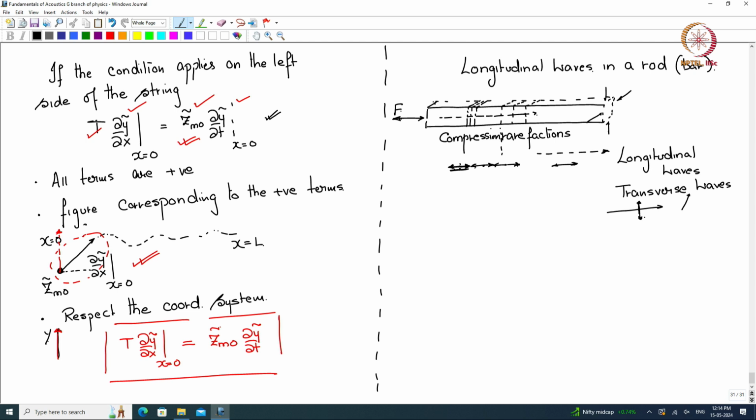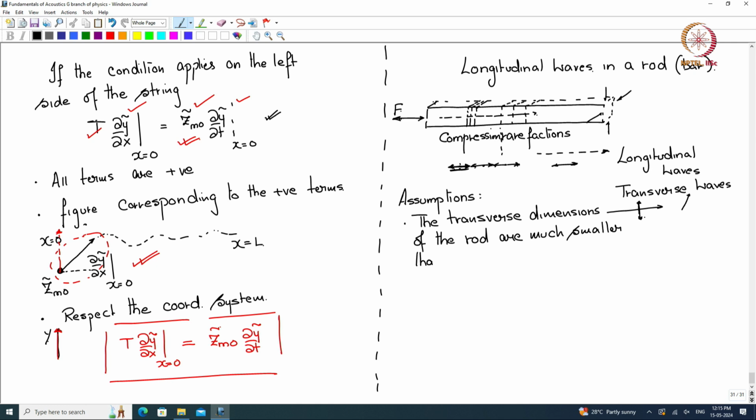Now, just some basic assumptions here. The transverse dimensions of the rod are much smaller than the longitudinal dimension.